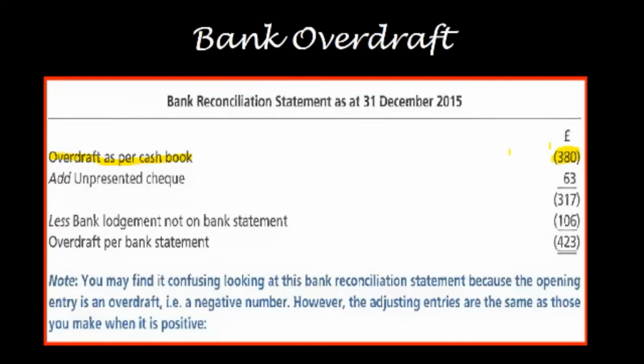And then we minus, as usual, less the bank lodgement, not entered in the statement. So the normal thing, but remember the figure coming from the overdraft in your cash book is a negative figure. Okay, when you get here, it will be a negative and a negative. So you will add them on. Okay. So it might look a little confusing, but it is following the normal rules of maths.